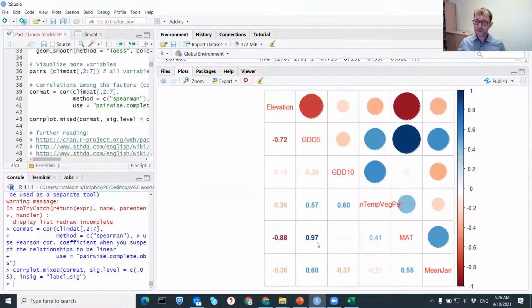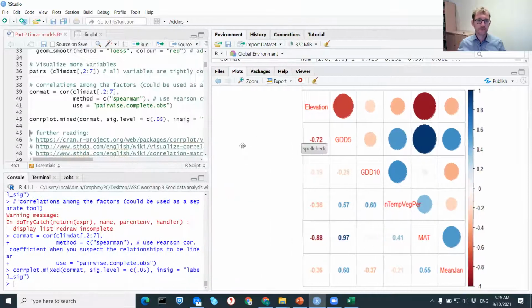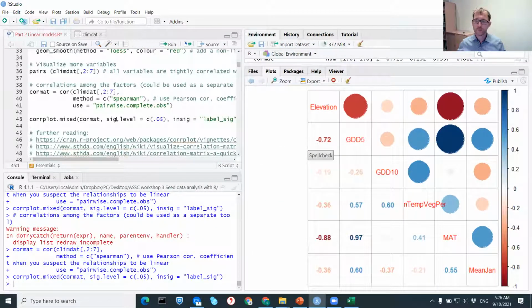Well, the Spearman correlation coefficient between elevation and mean annual temperature is almost 1. It's an extremely strong negative relationship. The higher you go, the colder it gets. You could also use this correlation matrix as a standalone tool to visualize and report the relationships in your data.